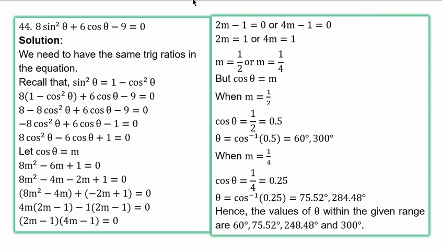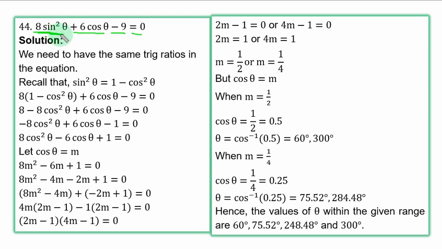Example 44, you have the equation 8 sine squared theta plus 6 cos theta minus 9 equal to 0. Solution: we need to have the same trig ratios in the equation, and from the look of things, it is much easier to replace sine squared theta.